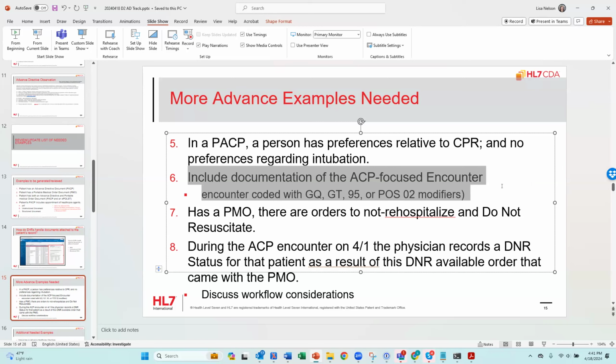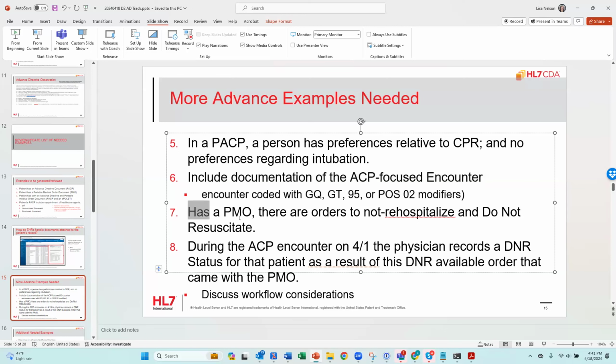For evaluating the new Advance Care Planning measure in MIPS, we were going to try to see if we could surface an observation to say when that ACP encounter actually happened, and carry that in one of the observations.